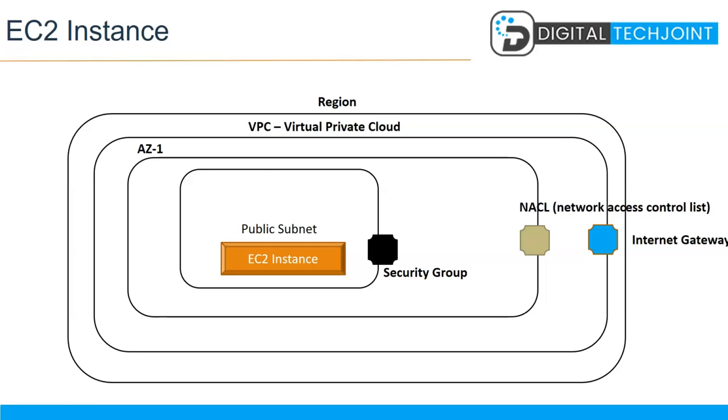So coming back to our EC2 instance, whenever you set up a server, it has to reside in some region and then it has to have an availability zone. Then we have the virtual private cloud. So a region will have a virtual private cloud inside it. Now VPC is a layer where you define your public as well as private subnets.